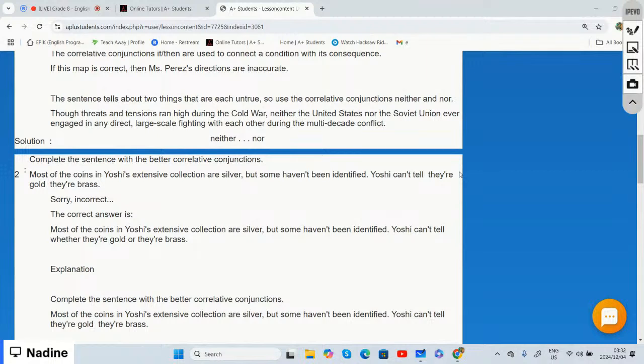Yoshi can tell me whether they are gold or they are brass. So we need to look at our correlative pair in order to complete the sentence.